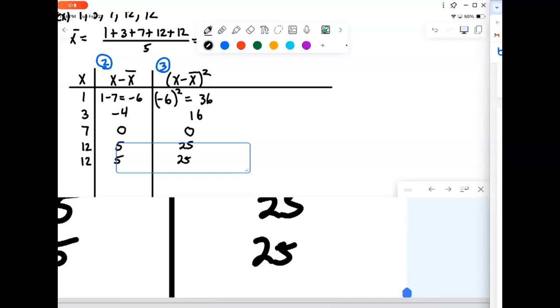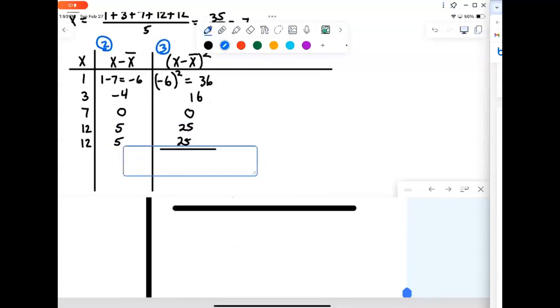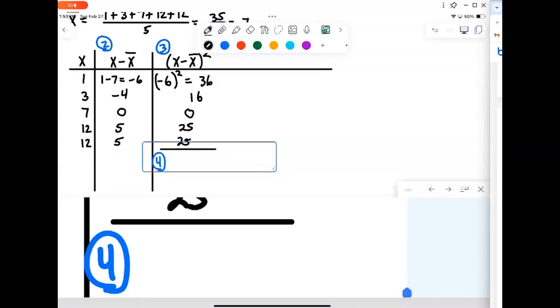And then we total those all up. Step 4, we add all those values up, and when we do that, 36, 16, 25, and 25, we get 102.